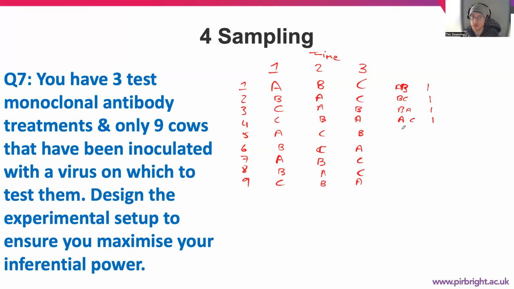Where are we now? AC. Then we have CA and A. Oh no, we have AB already. So this is row 3.